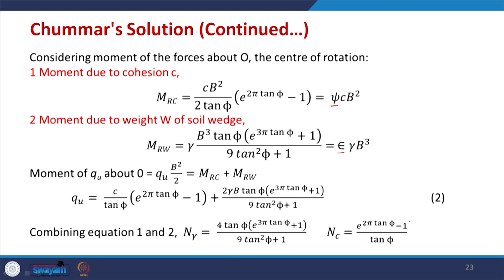So, in this case N_c comes out like this and N_gamma is given by this relation, and you can see that both are functions of phi. So, Terzaghi suggested that N_c and N_gamma should be found from these relations.